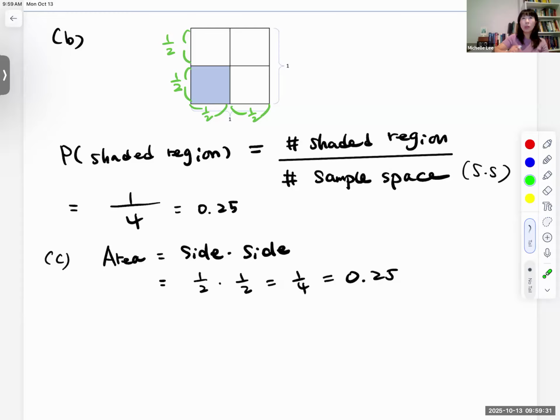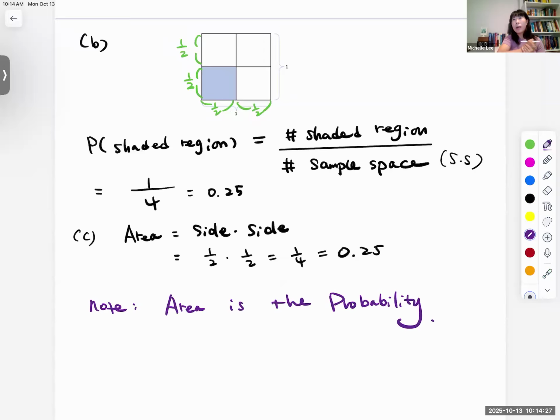All right. Also we can say the total area is 1 times 1 in that case, right? The area of the shaded region represents probability. Hold on 1 second. Let me close this one and go back to what I just said.